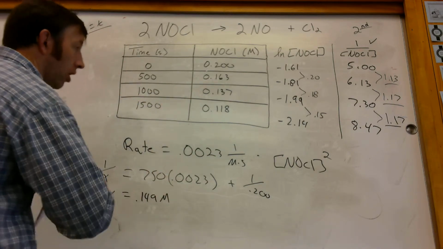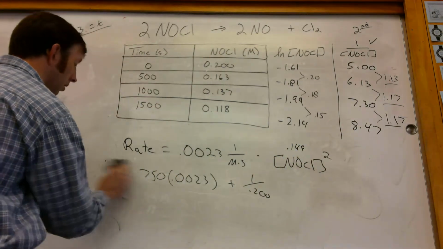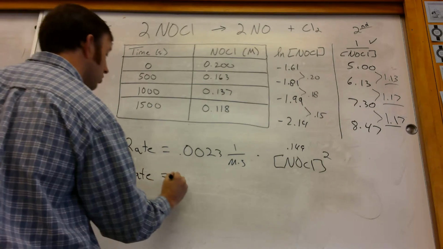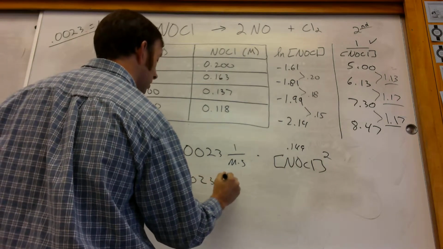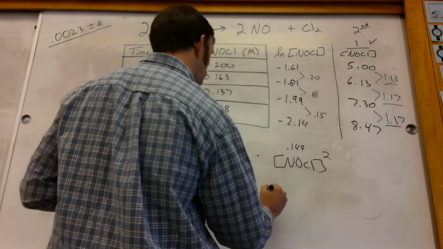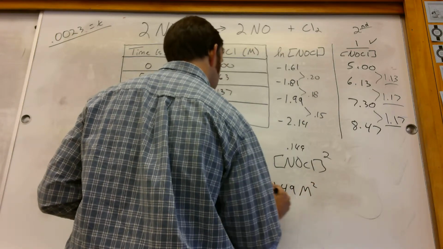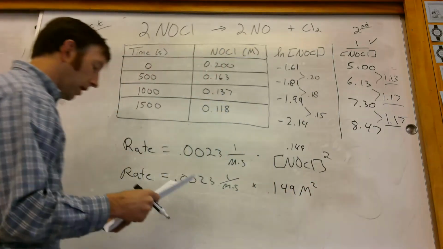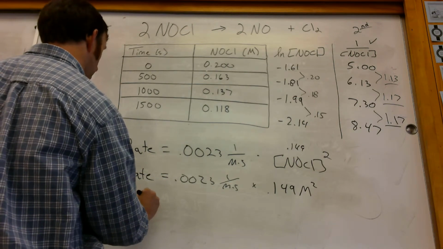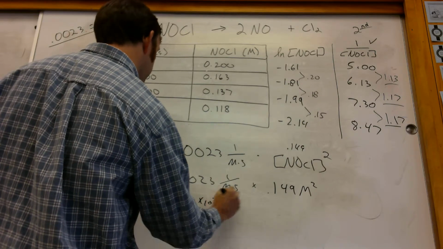So we're at 0.149 there, so I don't forget that number. Let me go rate equals 0.0023 times 1 over molarity times seconds times 0.149 molarity squared. And when I get that, I should get 5.10 times 10 to the negative fifth.